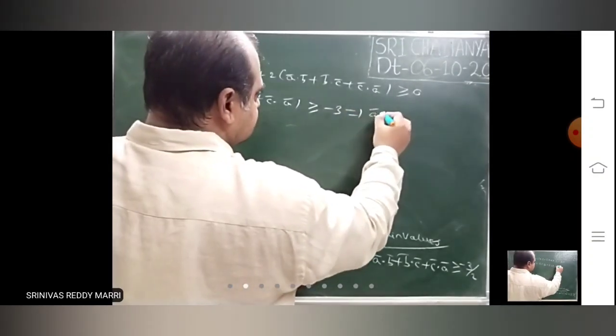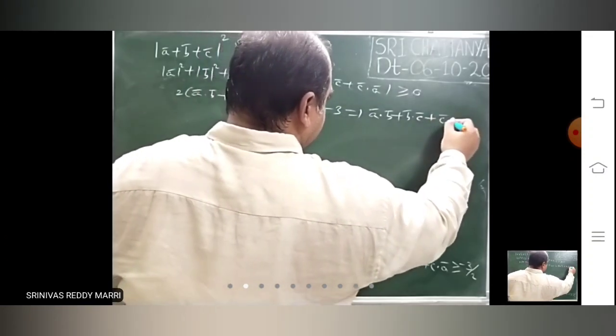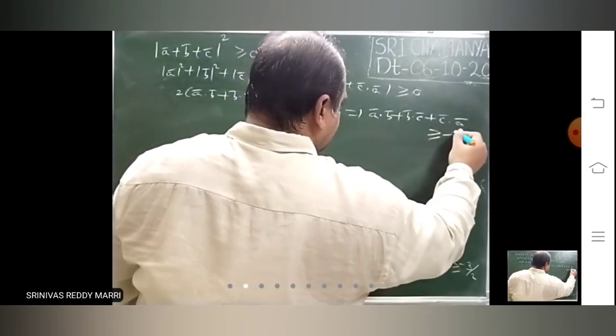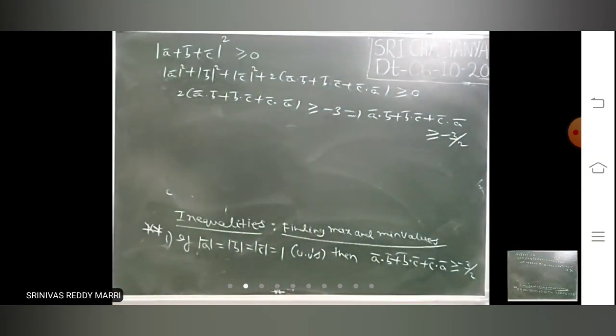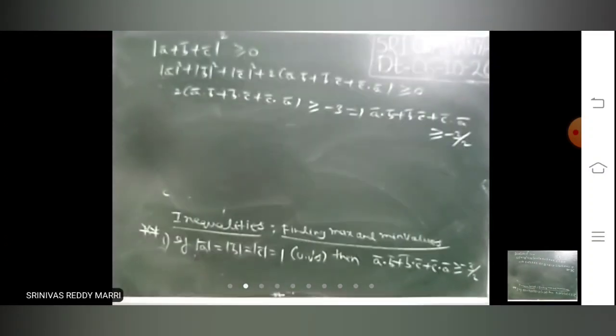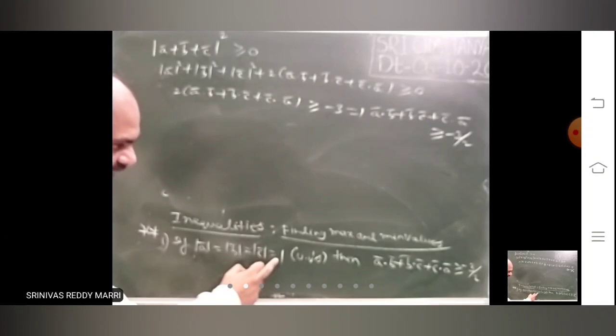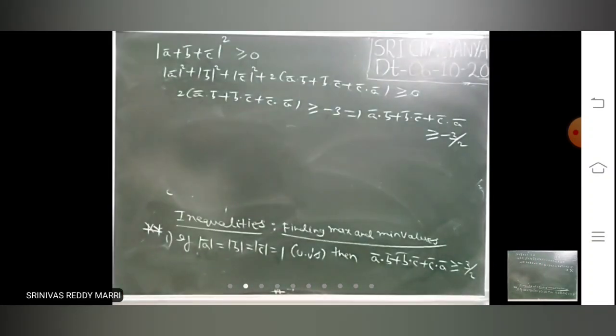That means A bar dot B bar plus B bar dot C bar plus C bar dot A bar is always greater than or equal to minus 3 by 2. If there are only unit vectors, because these three are 1 only, you will get greater than or equal to minus 3 by 2. If 3 unit vectors are there, then A dot B plus B dot C plus C dot A is always greater than or equal to minus 3 by 2.